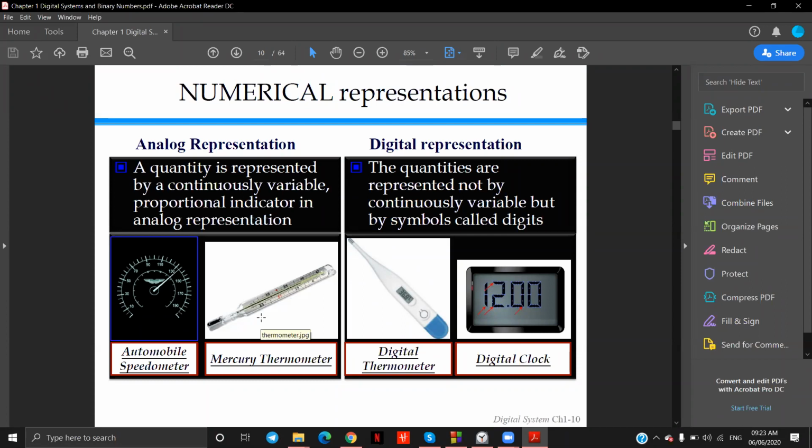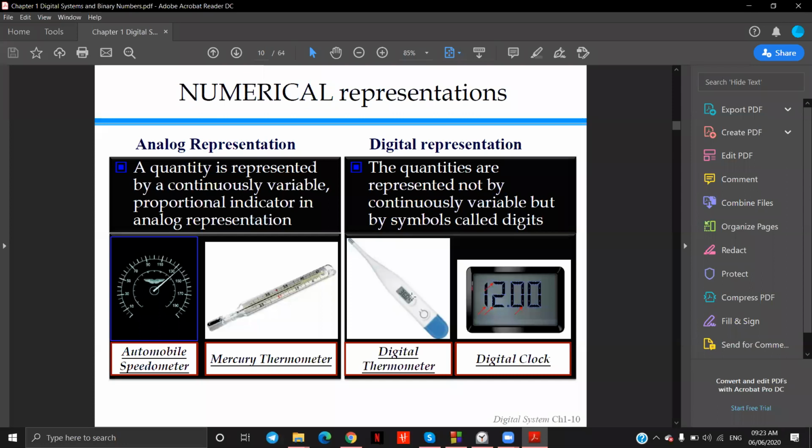But in digital representation, the quantities are represented not by a continuously variable indicator, but by symbols called digits. Here, this is a digital thermometer. So the mercury thermometer is an example of analog representation, and the digital thermometer is an example of digital representation. Here we see 36.8.